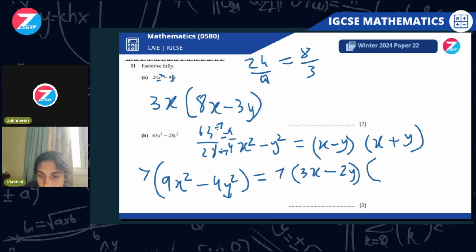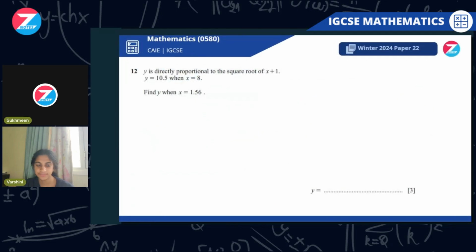And into, it's going to be these terms with a plus sign instead of the minus sign. 3x plus 2y. So now you can just put this straight over here. You can write it again over here.